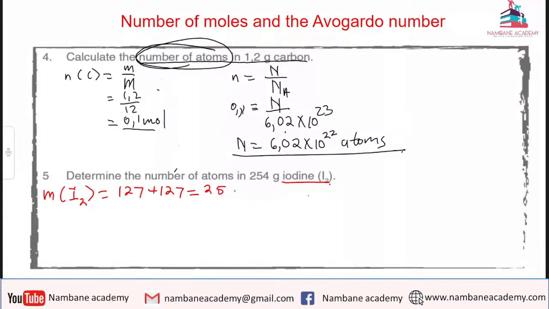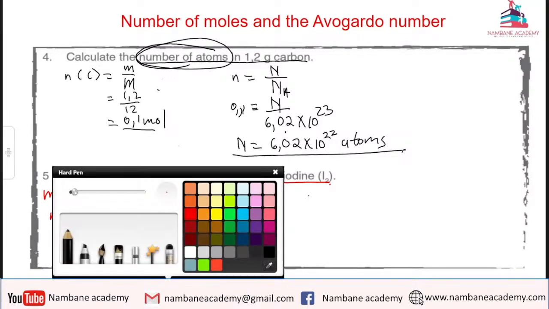grams per mole. Then the number of moles of I2 will just be mass over molar mass. This will be now 254 divided by 254. This will just give us 1 mole. It is important, ladies and gentlemen, to ensure that you write the SI unit.